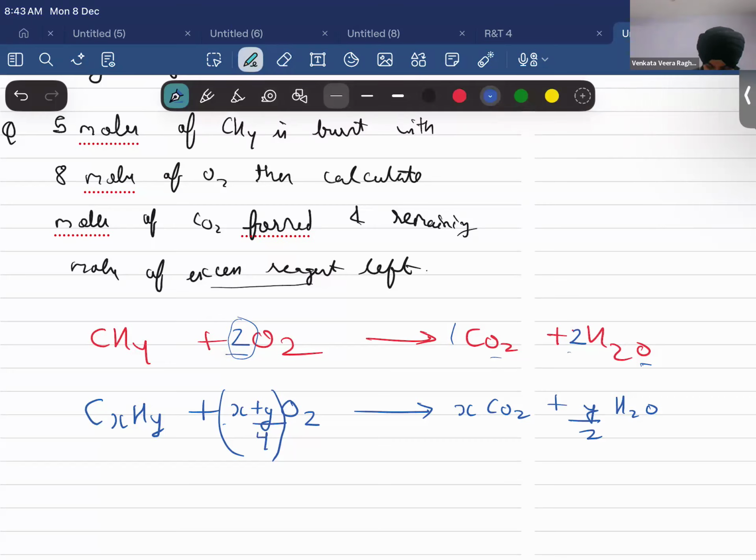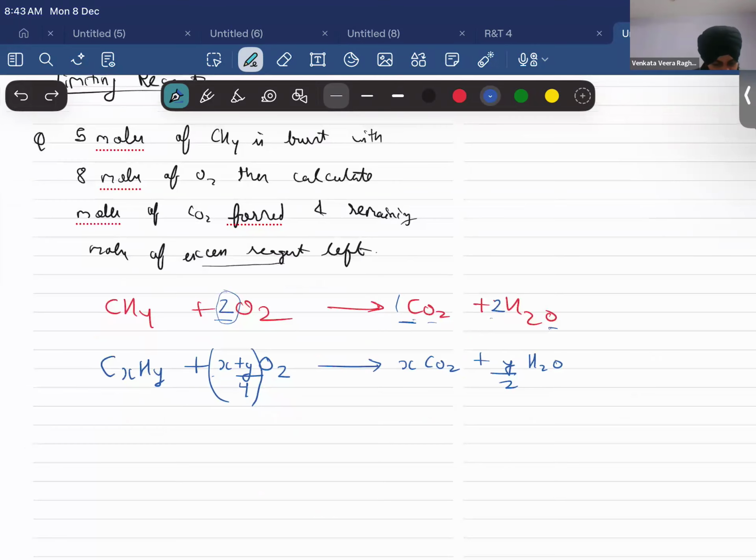Try it. I also remember that it's x plus y by 4, but I never memorized this equation. Yeah, it's balanced, sir. It's valid here also. Let's see: what is the value of x here? 1. What is the value of y? 4. Yeah, it's working. Yeah, it's fine.